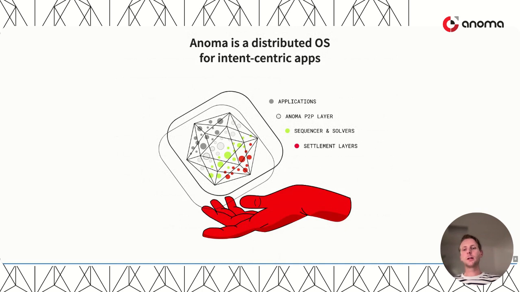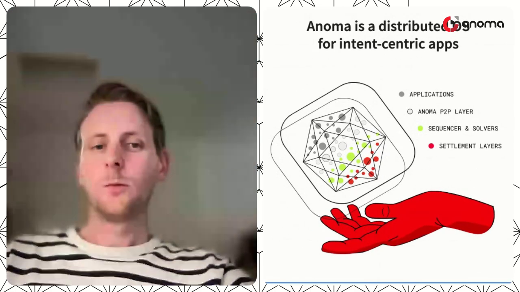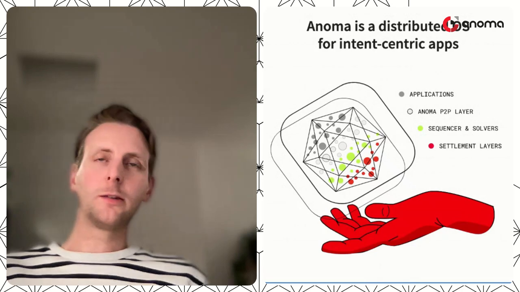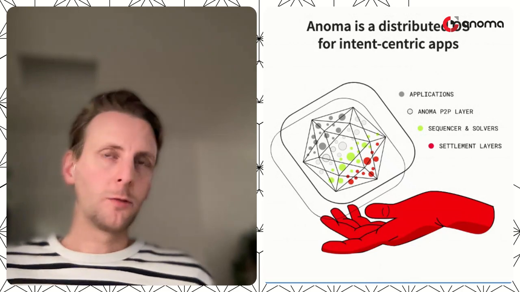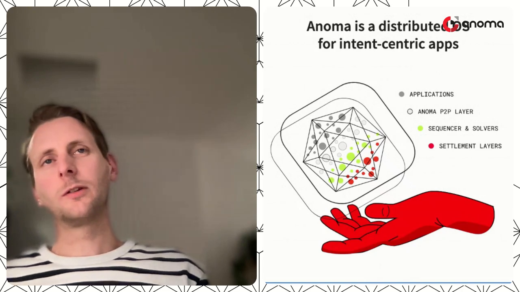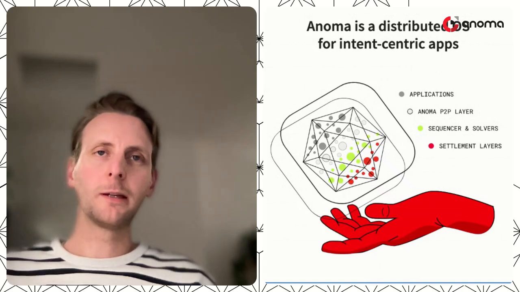Right. With this, we come to the end of this session. I want to highlight what this talk was about and summarize it. So I hope you learned about intent-centric apps and how they function on a high level, how Anoma peer-to-peer nodes can provide different services to applications.